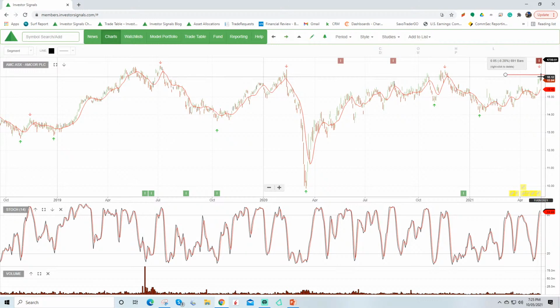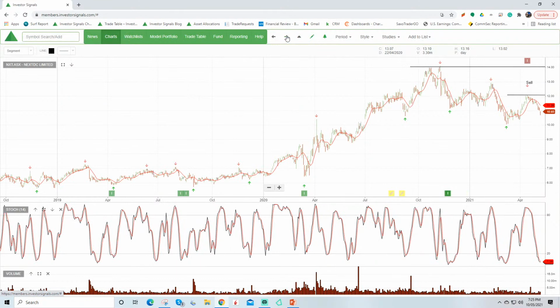So traders could think about taking profit here and reallocating the money elsewhere. There's other opportunities in the market that probably present stronger price growth. But up here at around $16, if you're searching for income, you could continue to hold the stock and sell covered calls at around that 16.25 or 16.50 level to drive extra income.